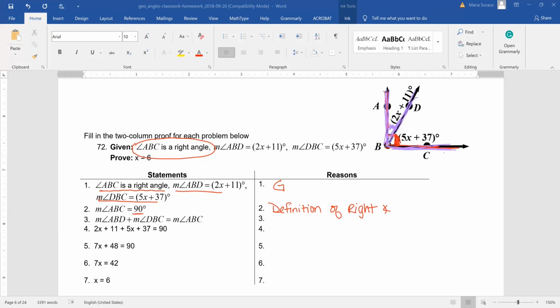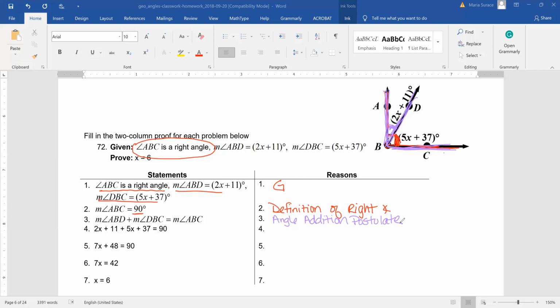And that is from the angle addition postulate. Remember in the last lesson, we learned that you can add two angles together and it'll equal the whole. So we're able to use that postulate to say that the two small angles there add up to be the bigger angle.